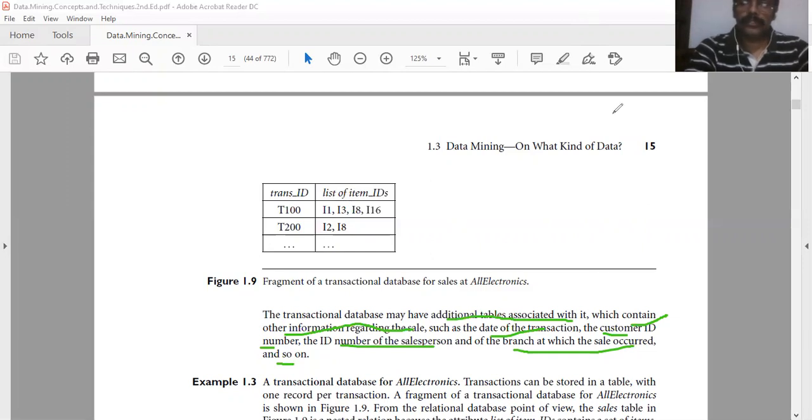In that bill, there is much data: which items are purchased, their quantity, price, the branch or shop name where it was bought, date of purchase, etc. So the transactional database may have additional tables containing information such as date of transaction, customer ID number, ID number of salesperson, the branch from which the sale happened, etc.